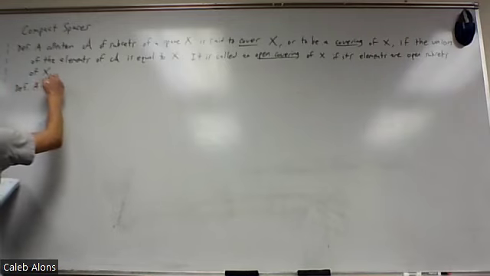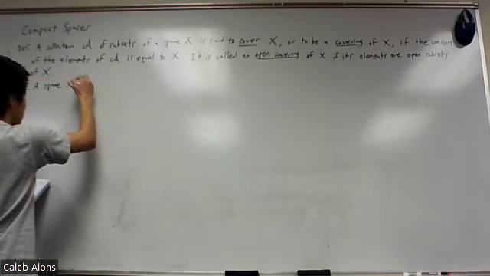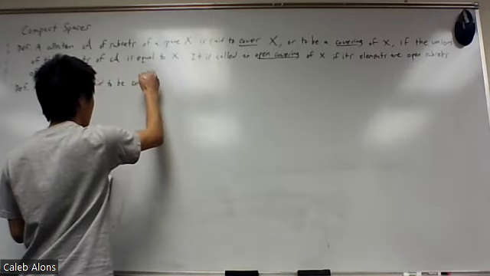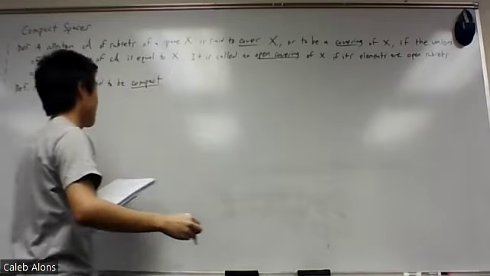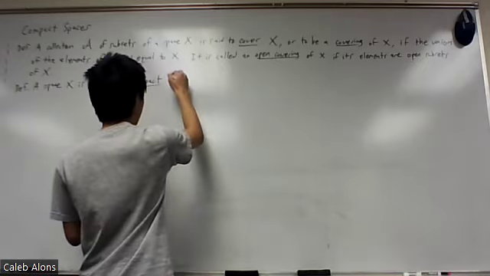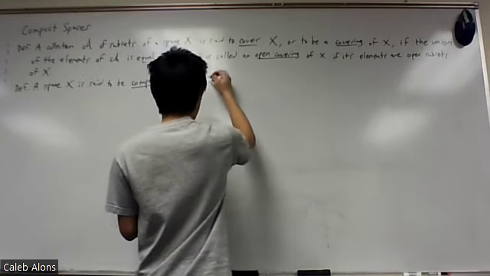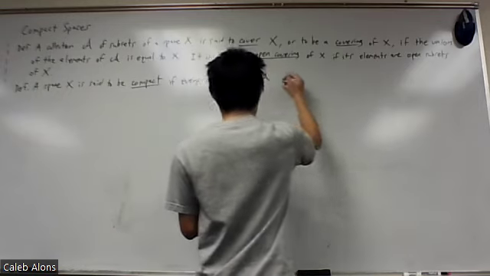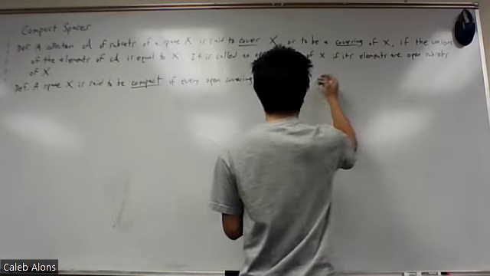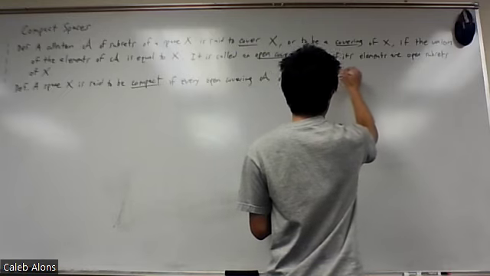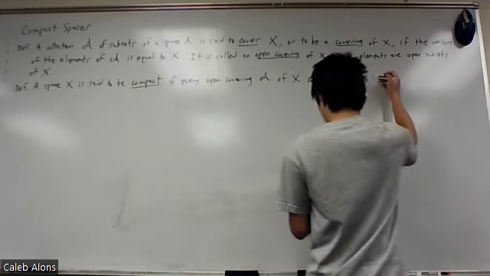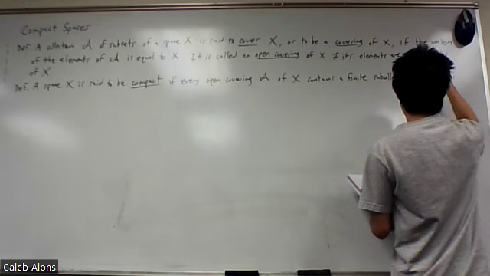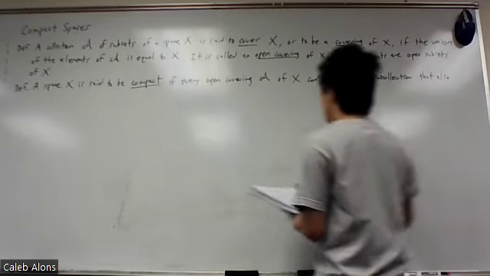A space X is said to be compact, a little less visually intuitive than connectedness, if every open covering script A of X contains a finite subcollection that also covers X. We call that a subcovering.